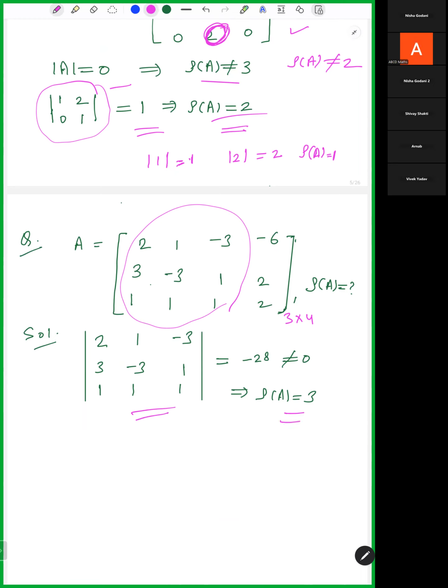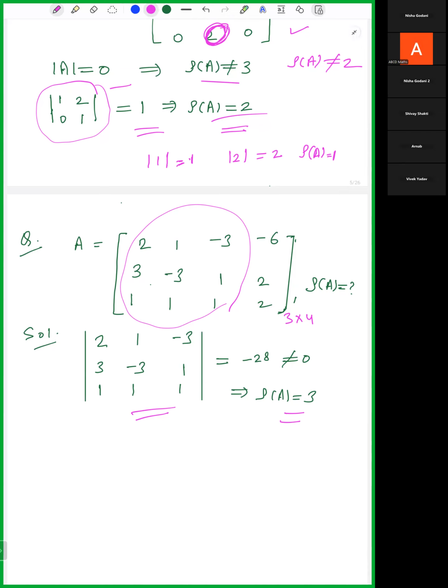If the determinant is 0 here, then we will move to the sub-matrices of order less than 3. So first we will check for order 2, and if that is also 0, then we will move to order 1. So we are going in reverse direction, from higher to lower order.